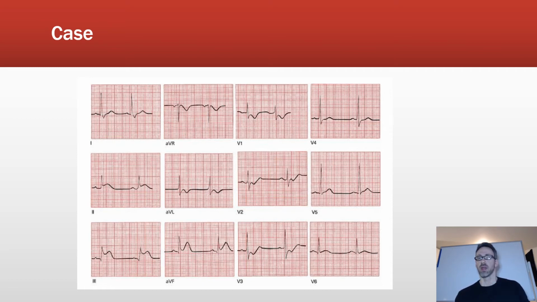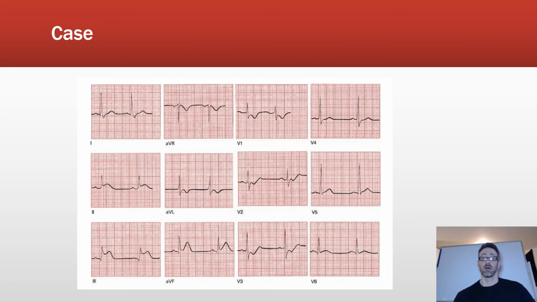Usually the amplitude shouldn't be more than one small box, and not wider than one small box either. But if it's pathologic, it's usually larger: more prolonged than one tiny box, and the amplitude of that Q wave is greater than or equal to about 25% of the R wave in that same lead.